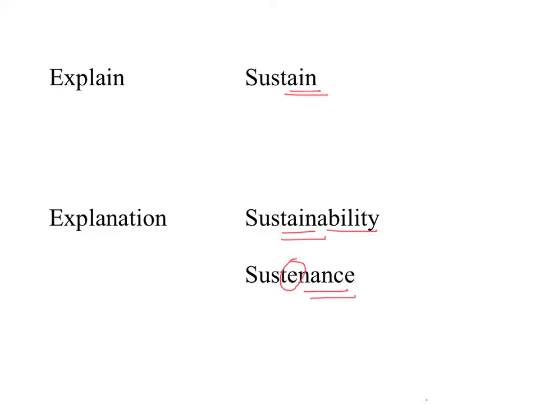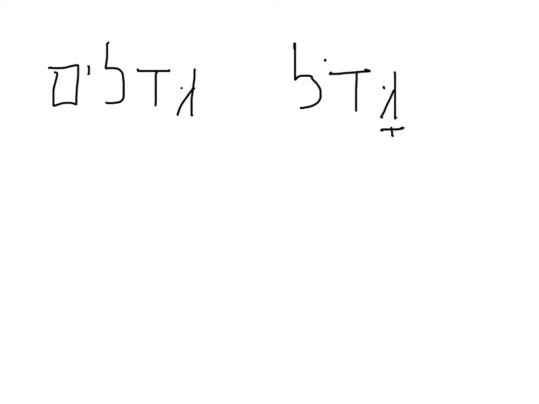The same sort of thing that happens in English also happens in Hebrew. Let's use an example of the word gadol. Gadol means large or big or great. Now, if we were to put an ending on this word, what happens is the vowel reduces. It reduces from a longer vowel to a vocal schwa.